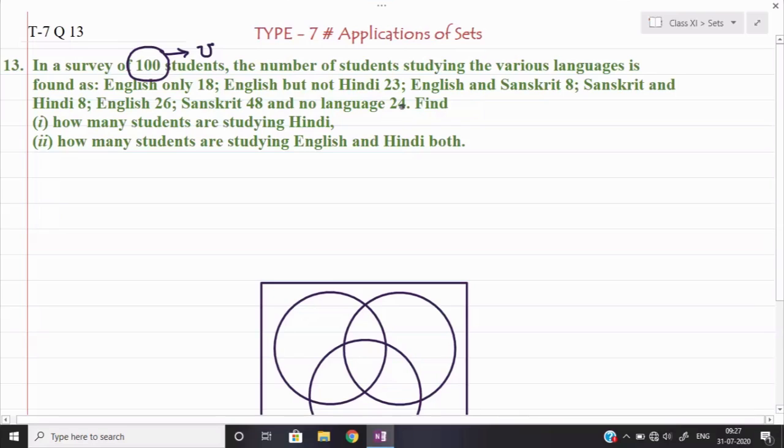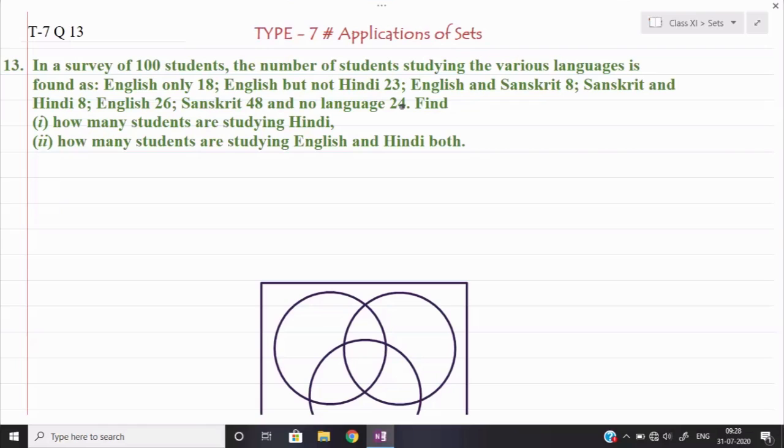Otherwise, we would say that the total number of students is the value of the union of all 3 sets, because every student has opted for at least one language. Then the total figure becomes A union B union C, and the neither nor value would be 0. But in this question, neither nor is given as 24 and the total of 100 students is given, so that is equal to the universal set.